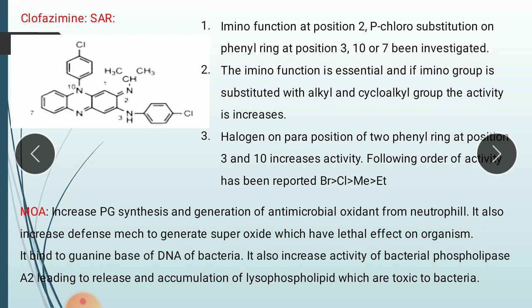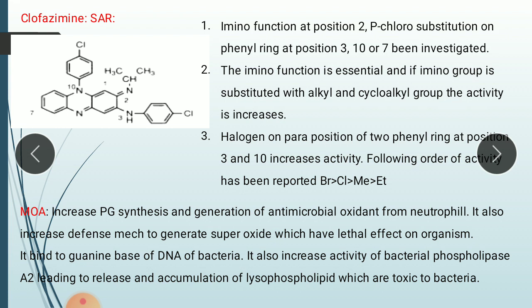Now the mechanism of action. The mechanism of action of clofazimine remains unclear. It has been shown that clofazimine increases prostaglandin synthesis and generation of antimicrobial reactive oxidants from neutrophils, which play an important role in the anti-leprotic effect. The host cell defense may be stimulated by clofazimine, resulting in generation of superoxide anion, which has a lethal effect on the microorganism.